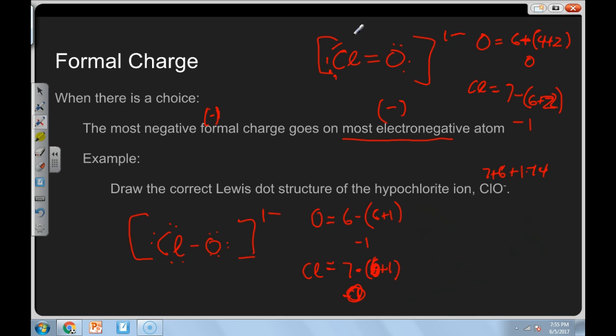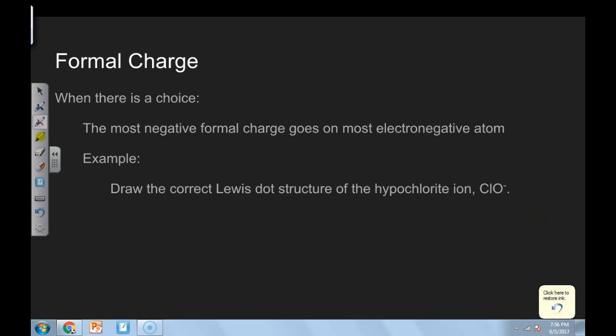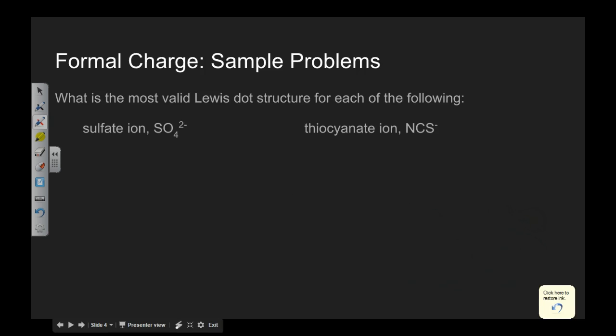So in this structure, the chlorine has the -1, and in this structure, the oxygen has the -1. So we have a choice. Which structure is the most correct? Well, in this case, this structure is absolutely the most correct because the negative charge is on oxygen, which is the more electronegative atom. Okay, so now that we've done this, we can move forward and say what's the most valid Lewis dot structure for each of these.